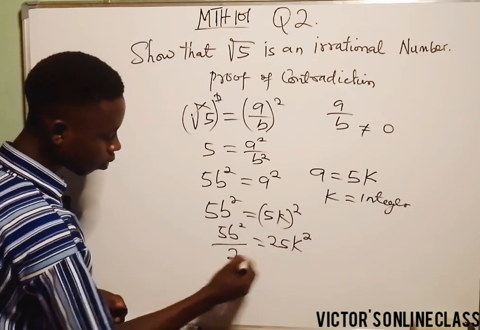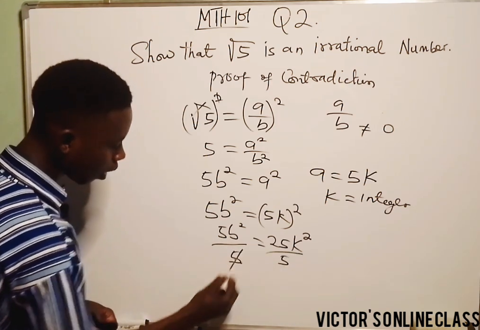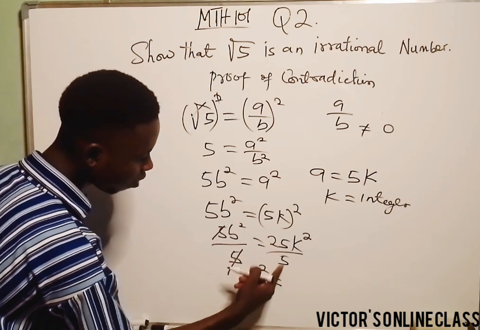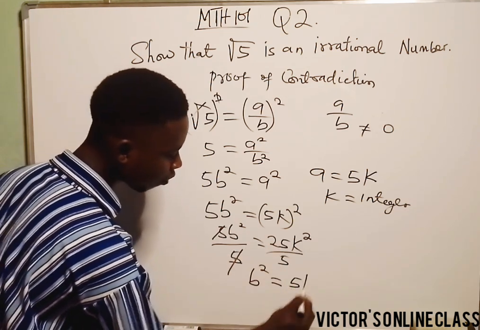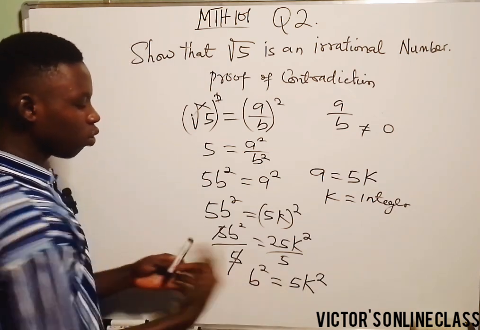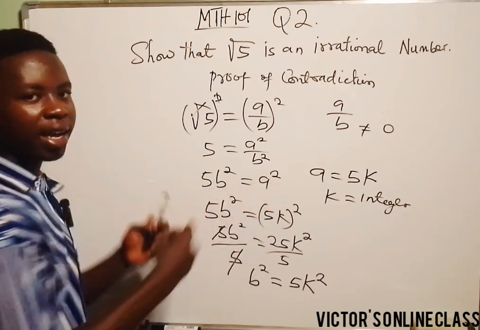And then we cancel the 5, and b squared is equal to 25 divided by 5, which gives me 5k squared. Now you see that if we continue doing this, we'll be having multiples on both sides.